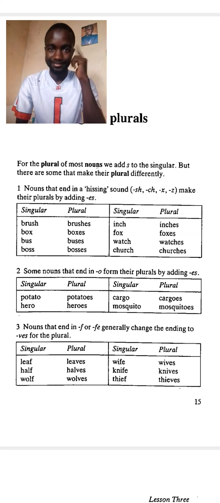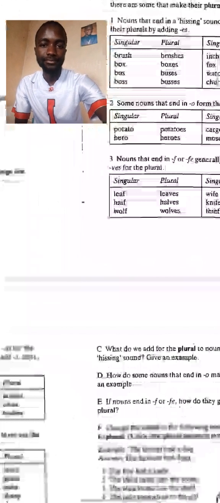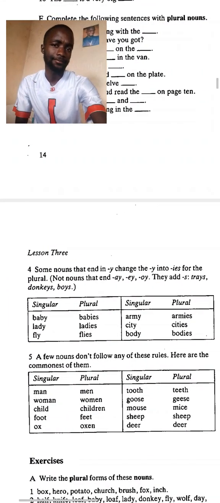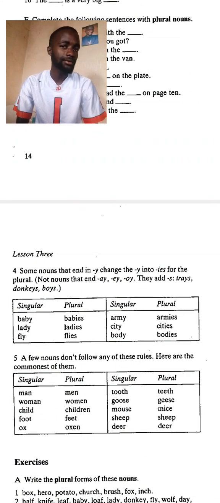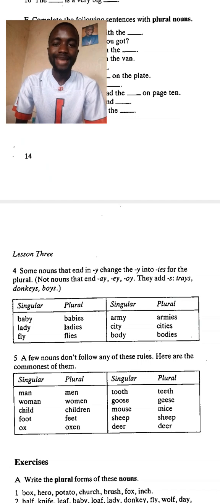Put it here. Again. Okay? We are moving now, going to our fourth rule of forming irregular plurals. Some nouns that end in Y change the Y into IES for the plural, not nouns that end in AY, EY, OY.